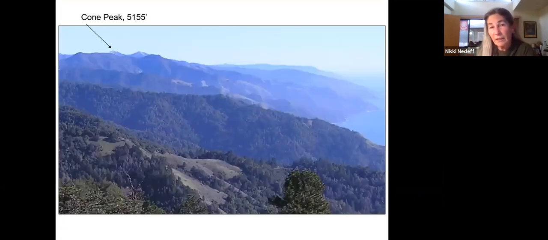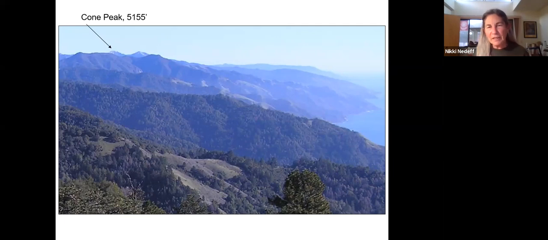So immediately on the coast, the highest point in the front range of the Coast Range is Cone Peak, 5,100 feet. Again, it doesn't seem that high, but these higher elevations in the Santa Lucia range really are unique. They are sky islands. Cone Peak is furthermore interesting because it has the steepest coastal gradient, in other words, the steepest elevational gradient per horizontal distance from the immediate coastline.